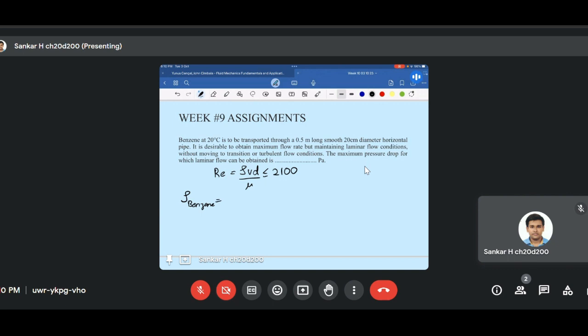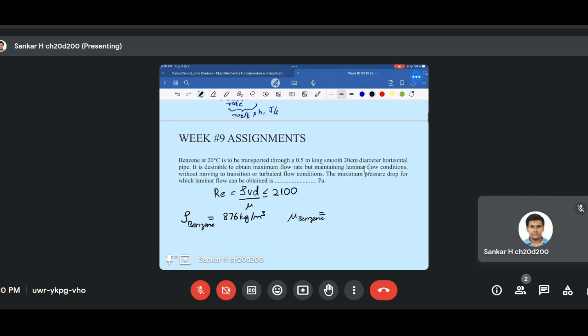We just have to Google it, and when I did that, I found the density of benzene to be 876 kilograms per meter cube. Similarly, I found the viscosity of benzene to be 0.65 centipoise, which is 0.00065 poise.